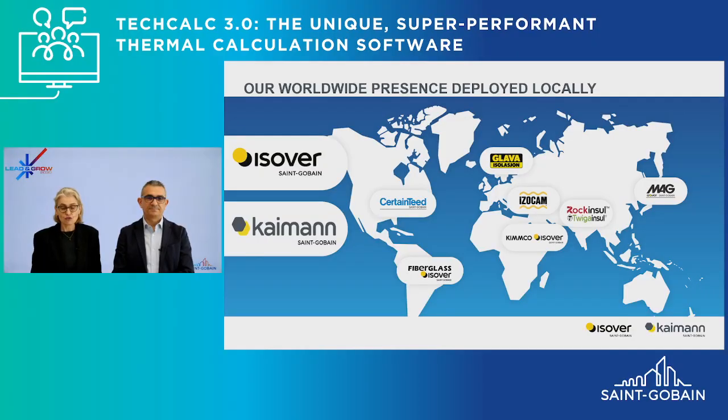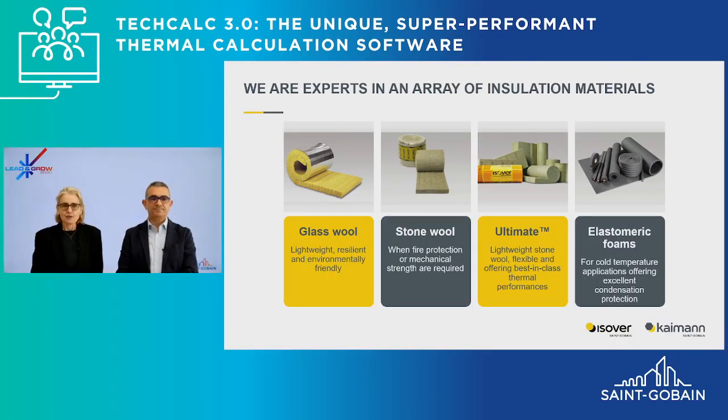Our presence is worldwide. This is our strength to be both global and local. So we have 2 international brands, Isover and Cayman, and also a network of local brands. And our strength is to have a lot of people dedicated to this business locally, and a lot of brands also already.